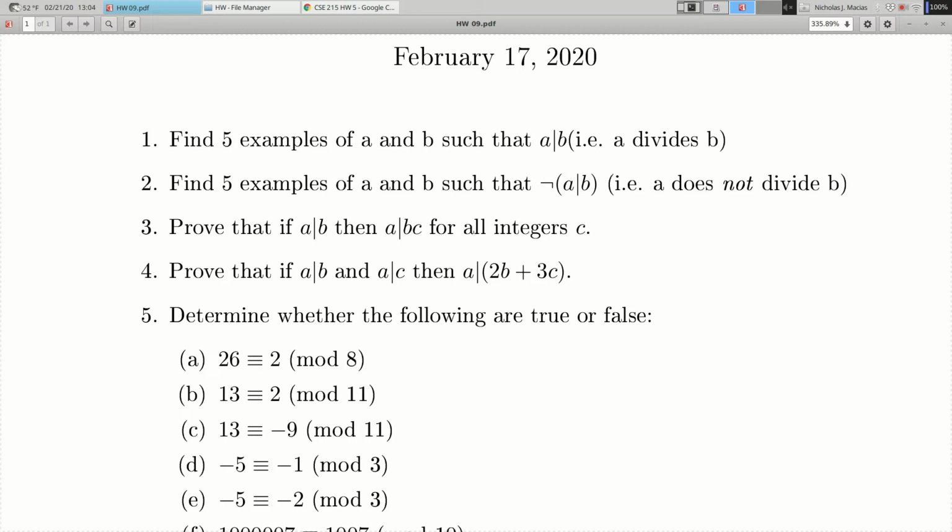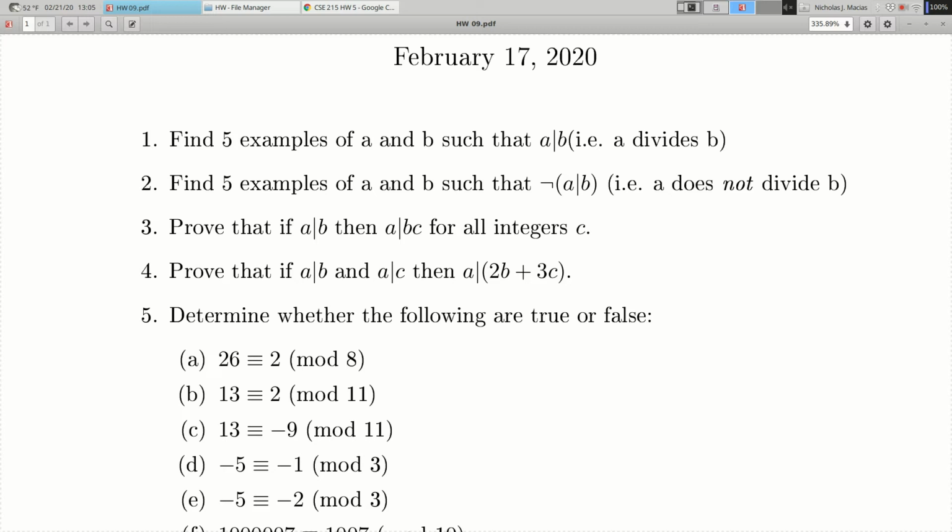How do you guys want to prove that? How about we start with this part? What if we just try to bring A to B?